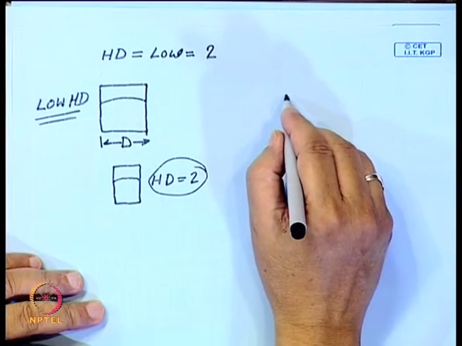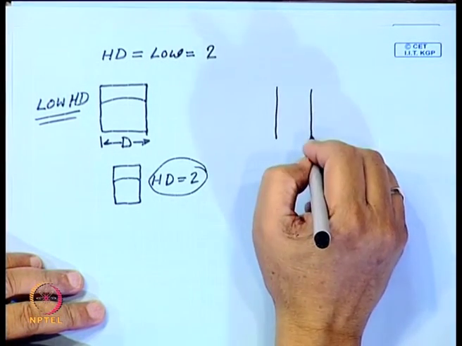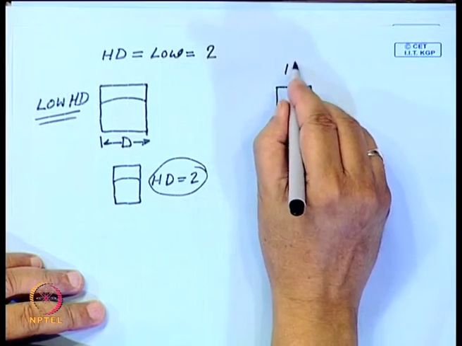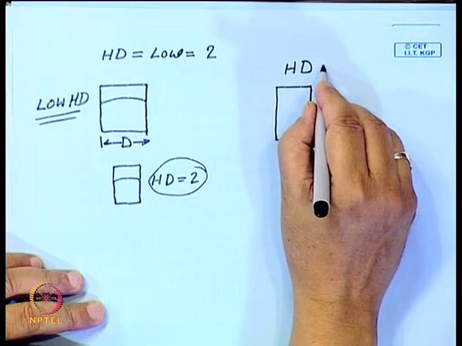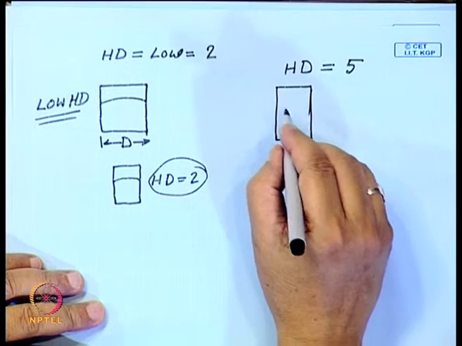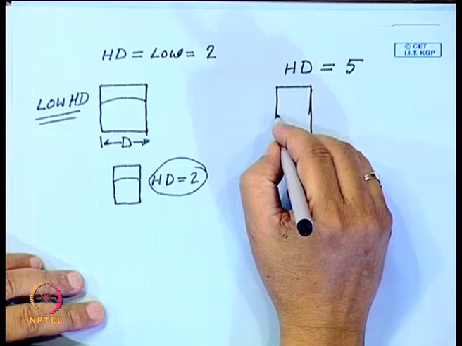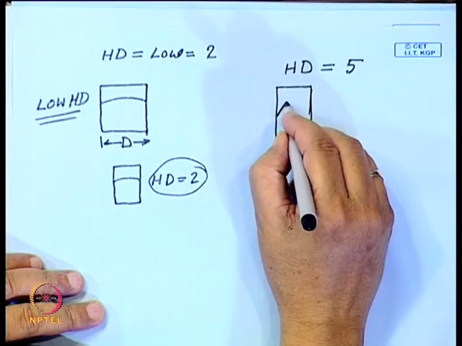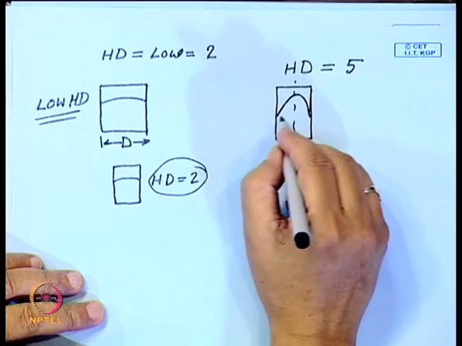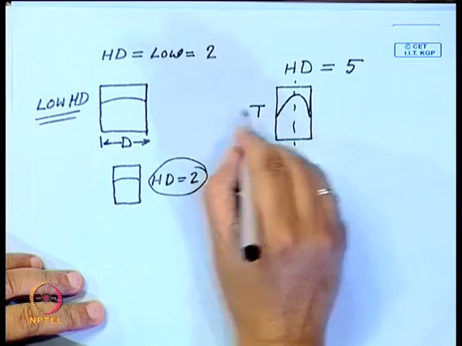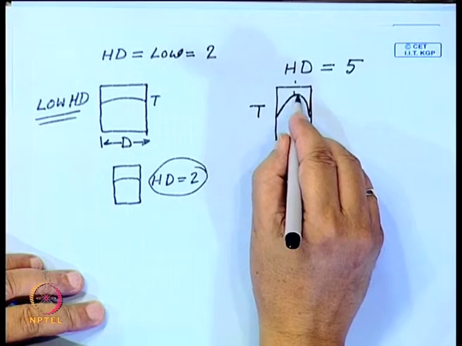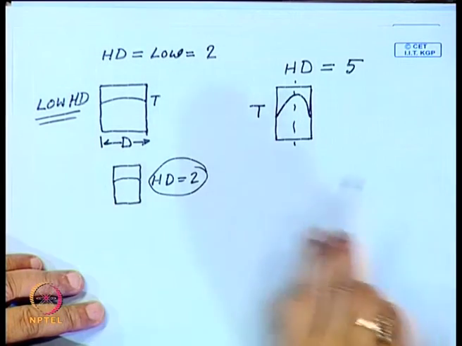But if HD is high, say this is 5, you will find the other end: here you have a shallow temperature gradient, in this case you have a sharp temperature gradient.